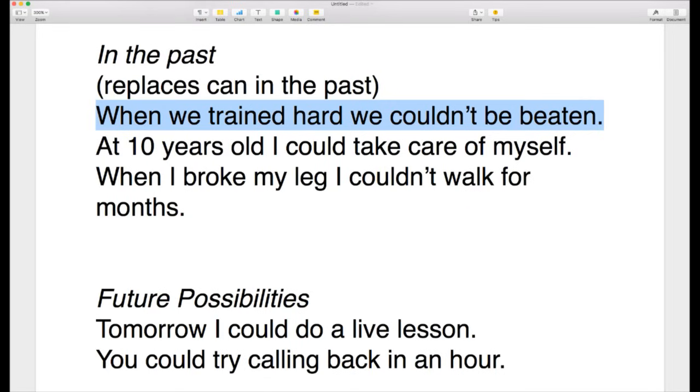So imagine that I'm part of a trampolining team, and I'm telling you that in the past, when we trained hard, when we worked hard, we could not be beaten. We couldn't be beaten. When we trained, we couldn't be beaten.